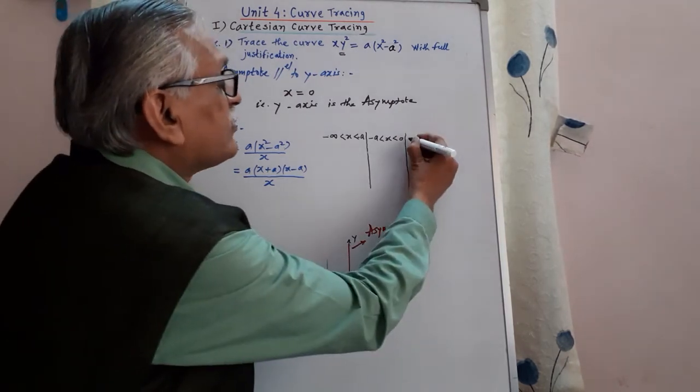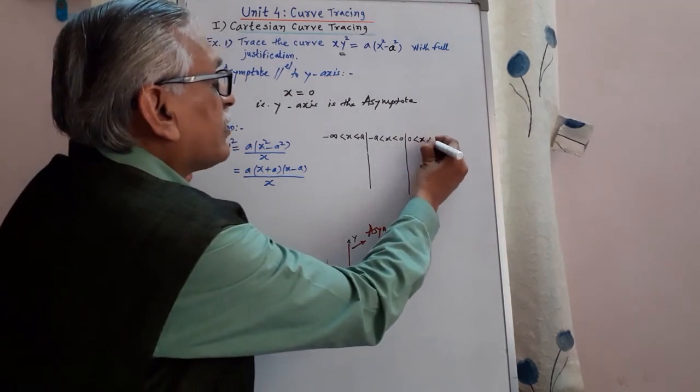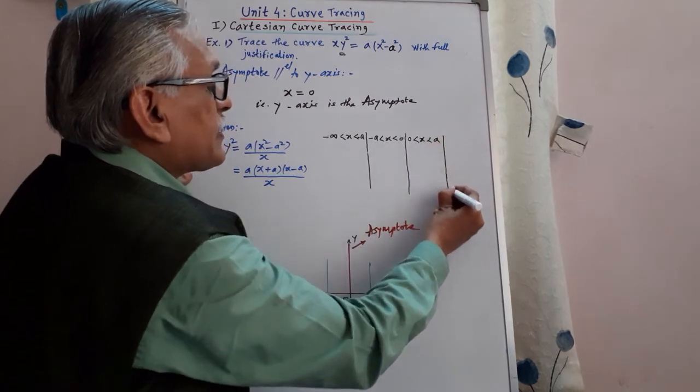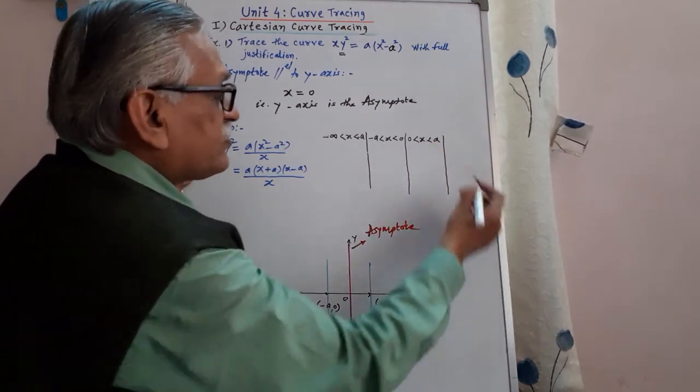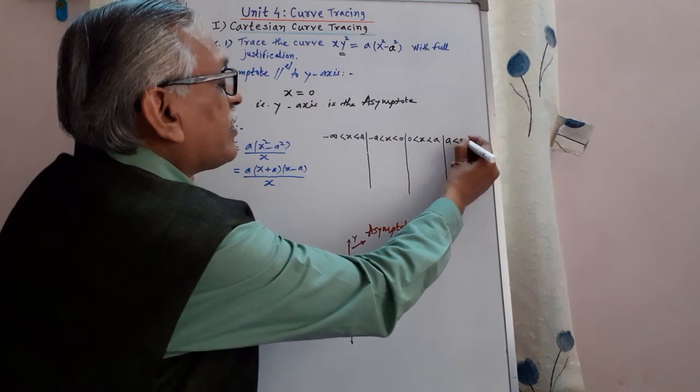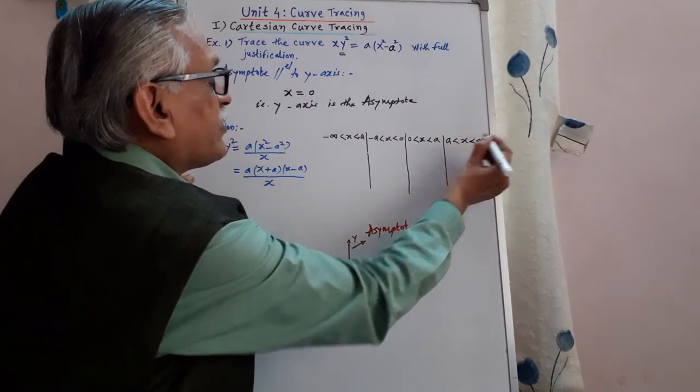Third, 0 less than x less than a, and a onwards, a less than x less than infinity.